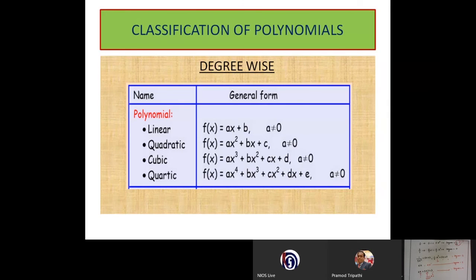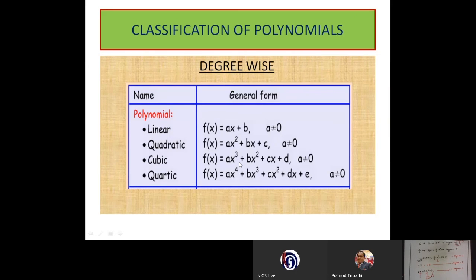is known as a cubic polynomial. Now we see the general form of the cubic polynomial, ax cube plus bx square plus cx plus d. Here also a is not equal to 0. When a becomes 0, then it will be a quadratic polynomial because the first term ax cube becomes 0. In the first term ax cube, the degree is 3.